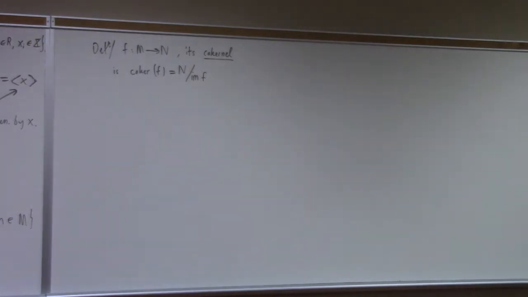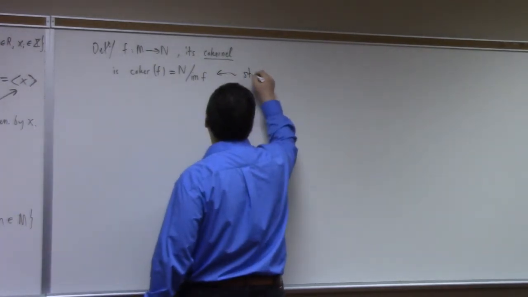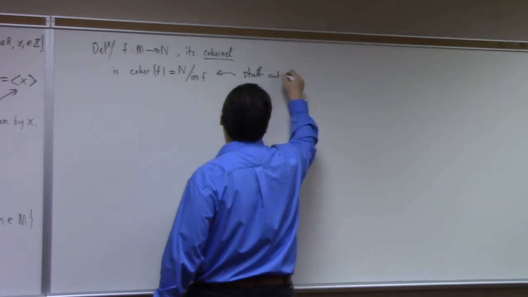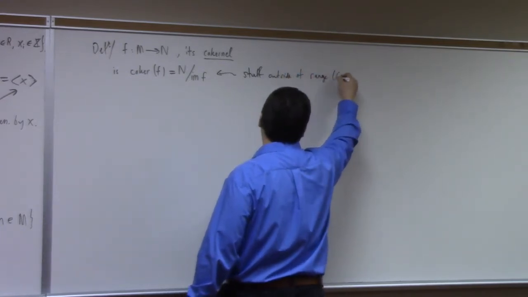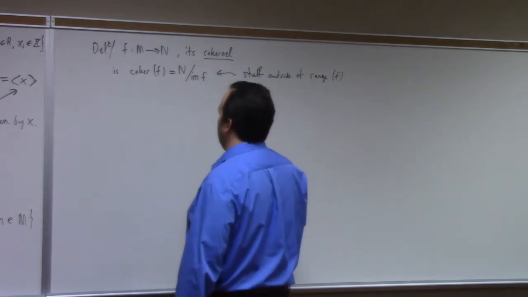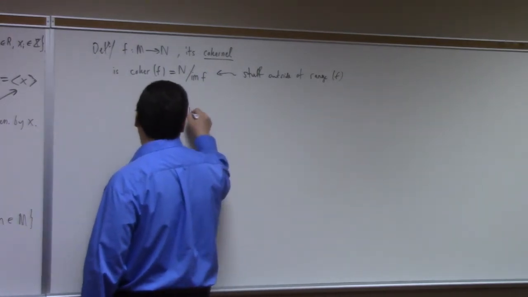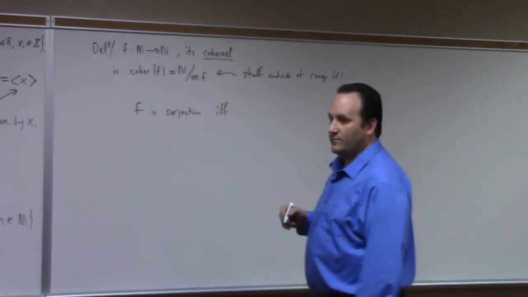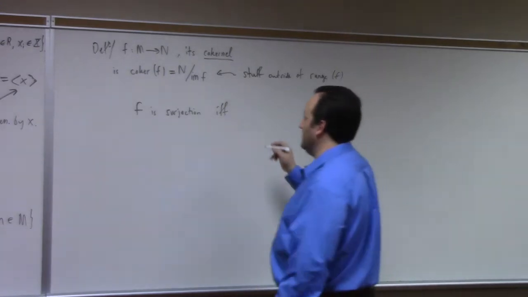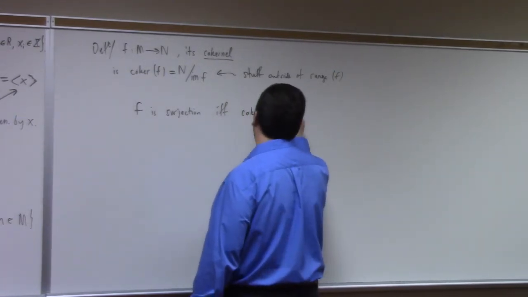It's got stuff outside of where we can get to. Stuff outside of the range of f, right? So f is a surjection if and only if what? Right, if the cokernel, coker f, is 0.